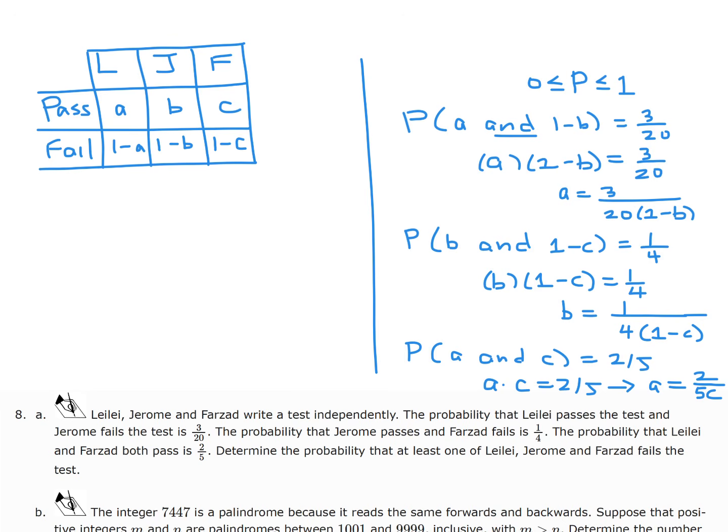And now, what do they want me to do here? The probability that at least one of them fails.